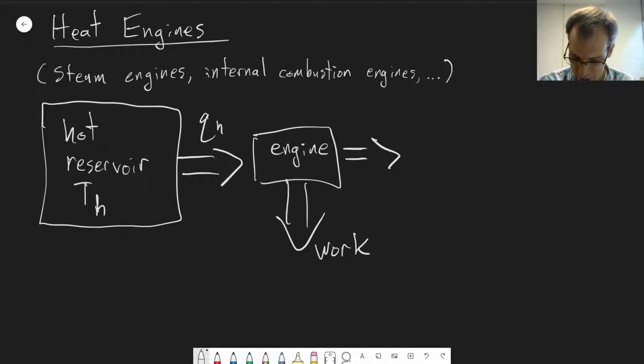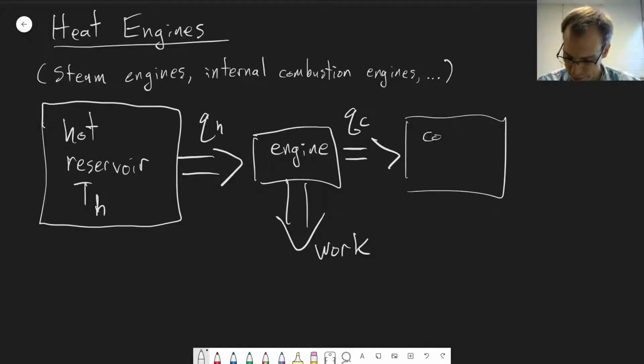Some heat comes in, QH, and some heat leaves, QC, going to a cold reservoir at a temperature TC, lower than the hot reservoir. Basically, a heat engine takes what would naturally happen, right? Heat would flow from the hot reservoir to the cold reservoir, and in the process, we try and get some work out of it. That's basically what we're doing here.